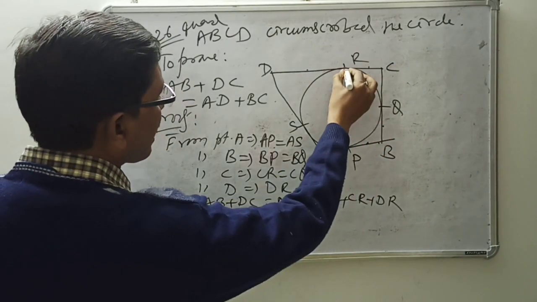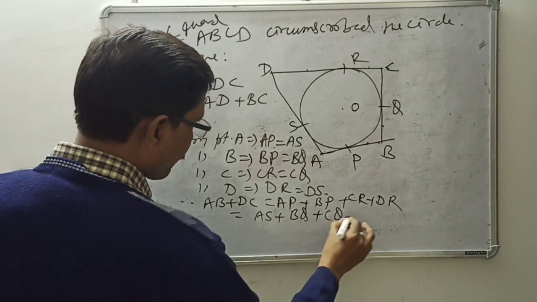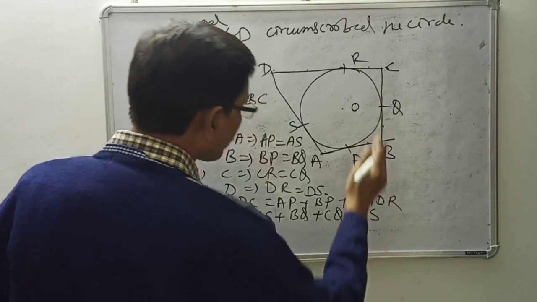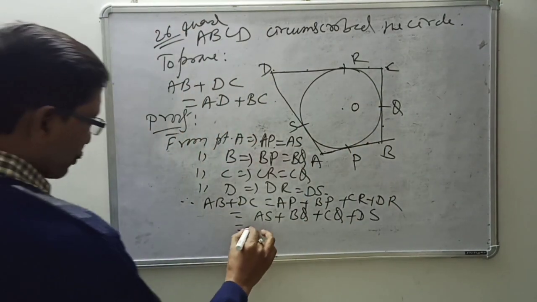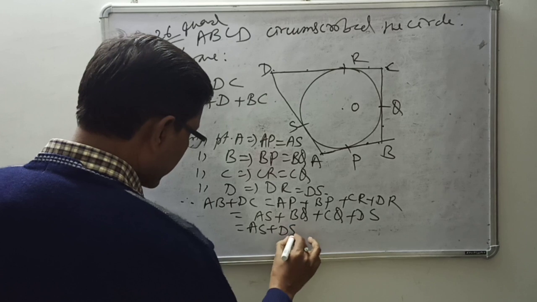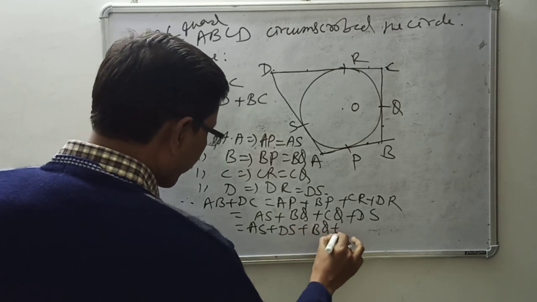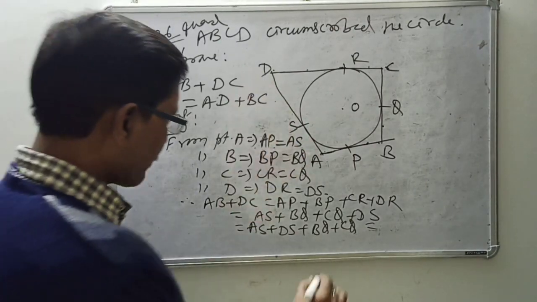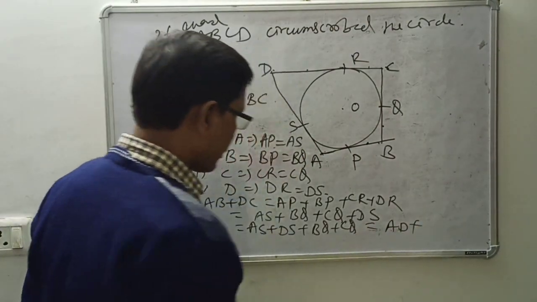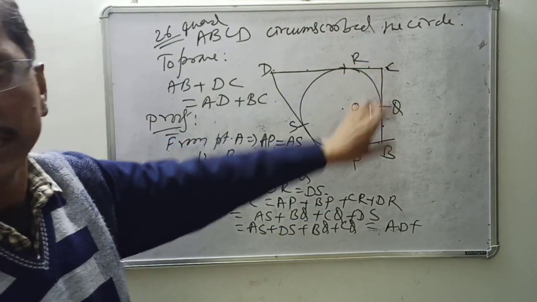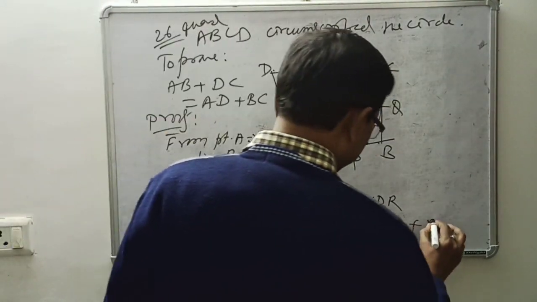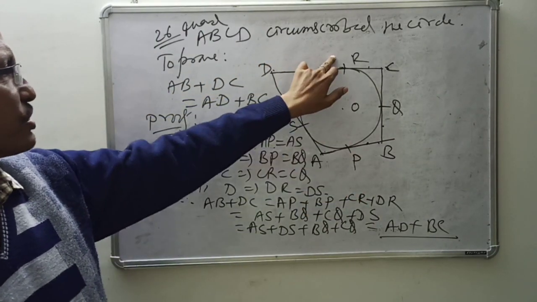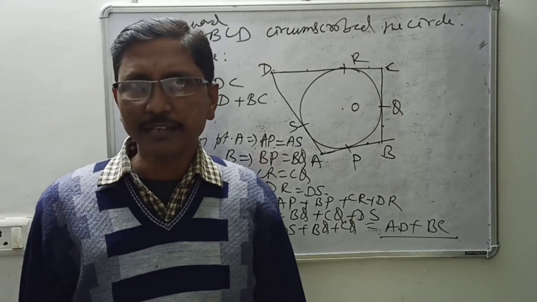For CR you can write CQ. For DR you can write DS. From there you have to come to these two sides. So AS together with DS, and BQ together with CQ. So ultimately AS plus DS is coming AD and BQ plus CQ is coming BC. Hence proved. So the sum of the opposite sides AB plus DC is equal to AD plus BC.